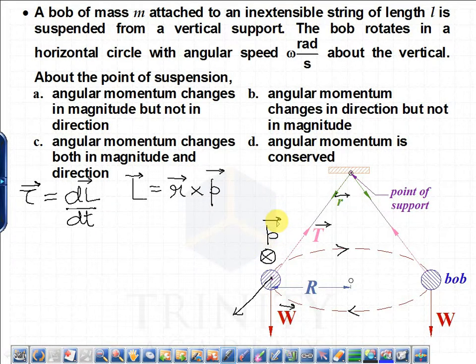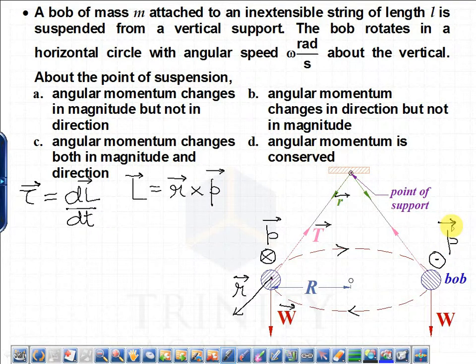So position vector and momentum vector will go like this. Now exactly the opposite situation would be occurring for the momentum vector over here. It would actually be coming outward.